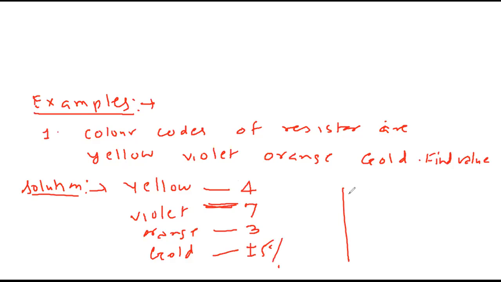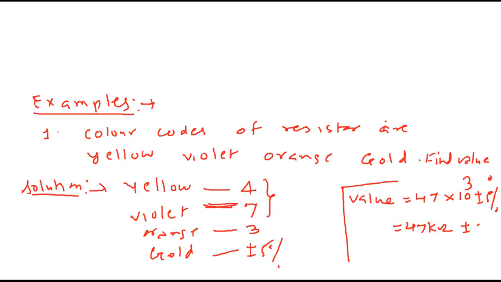So therefore value is equal to first two digits directly write 47, then into 10 raised to 3, plus or minus 5%. This is the answer. Or you can write 47 kilo ohm, plus or minus 5%, since 10 raised to 3 is kilo. This year they had asked one MCQ based on color code.